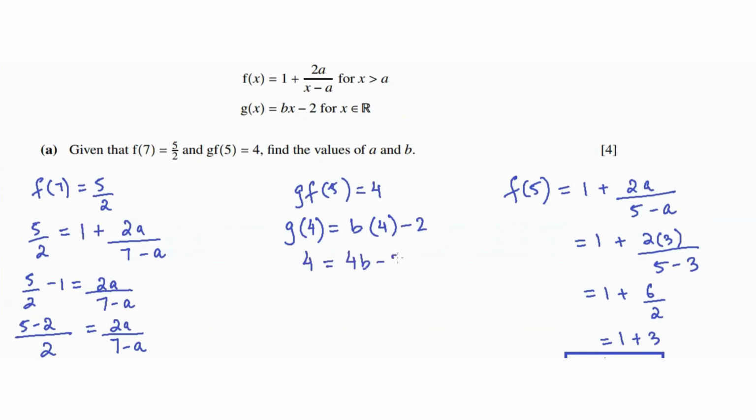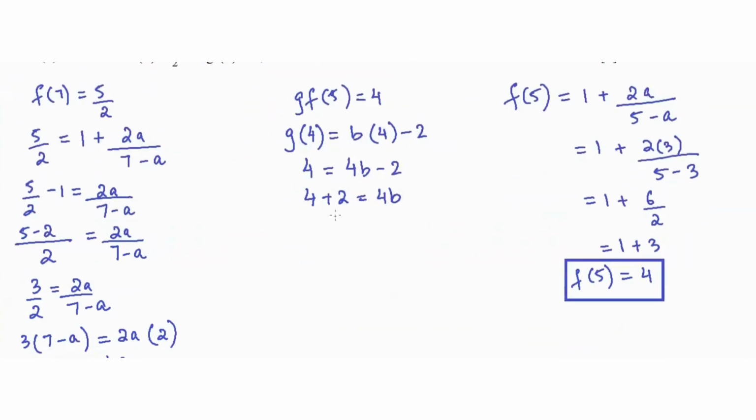That's going to be 4b minus 2. 4 plus 2 equals 4b. 6 equals 4b, and 6 over 4 is the value of b, which can be simplified to 3 over 2. So we have your value of a and value of b.